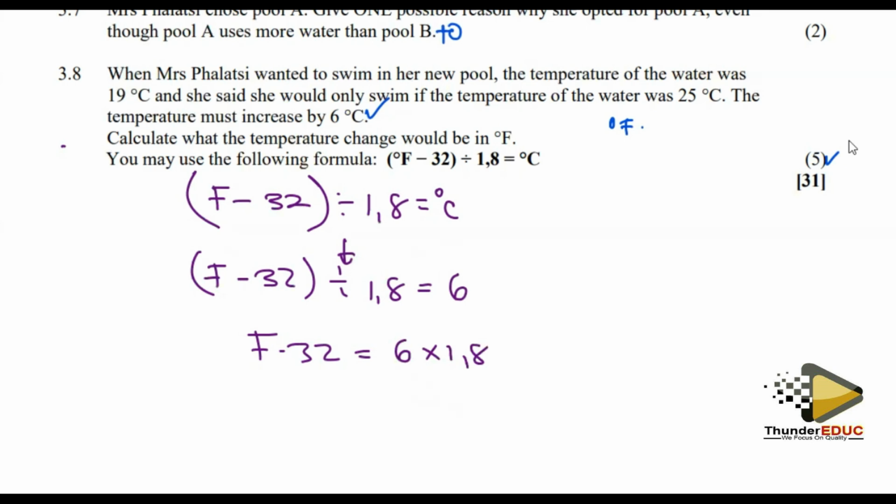You see, this is a number. It will also jump over here. It becomes plus. So your F becomes 6 times 1,8 plus 32. So the degrees are supposed to be this much in Fahrenheit. And they say calculate the temperature in Fahrenheit, yeah, this is it.